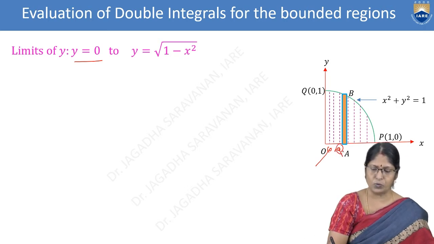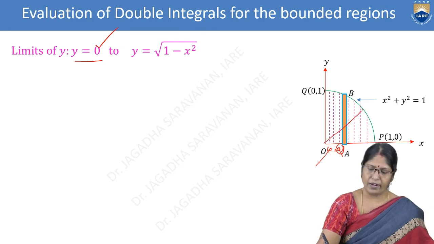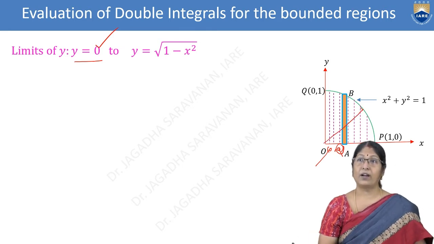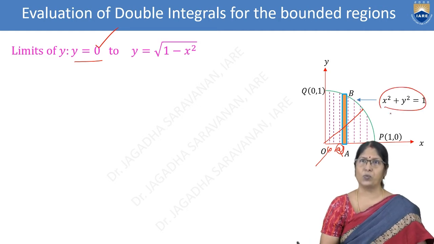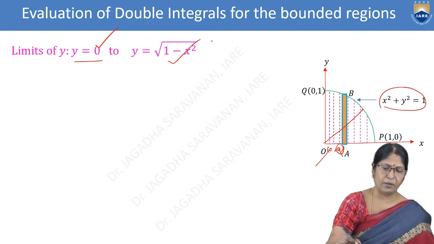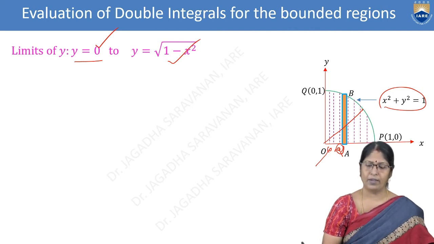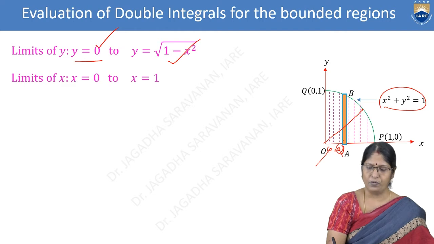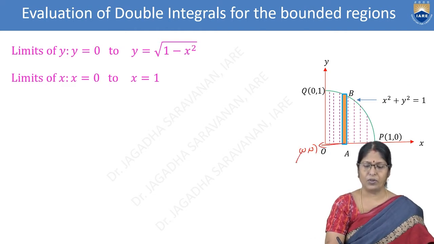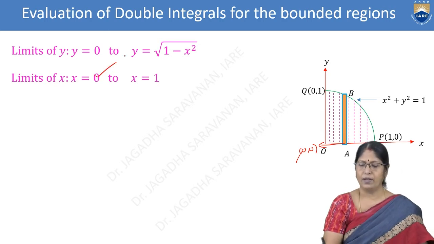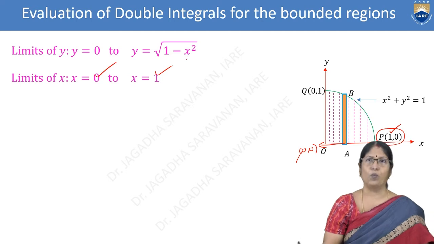Where the strip touches the curve, we get y, which is the square root of 1 minus x squared. On the left side of the vertical strip x is 0, and on the right side x equals 1.